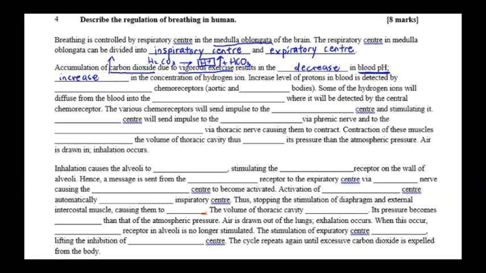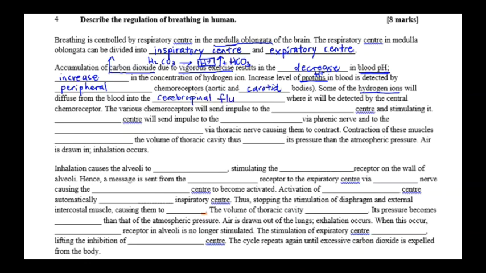The increase in level of protons H plus in the blood is detected by peripheral chemoreceptors, which are located at the aortic and the carotid bodies. And some of the hydrogen ions will diffuse from the blood into the cerebrospinal fluid, which is the brain fluid.